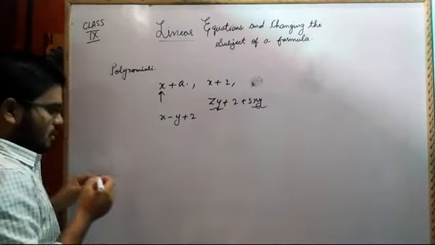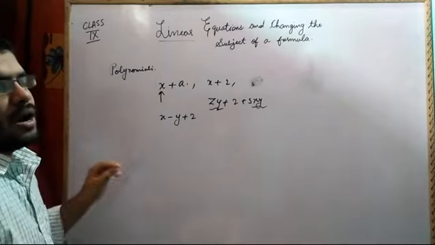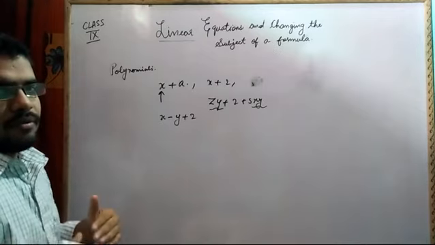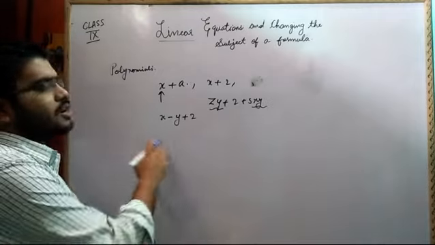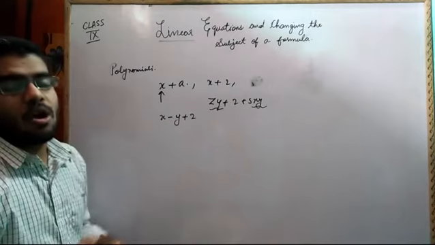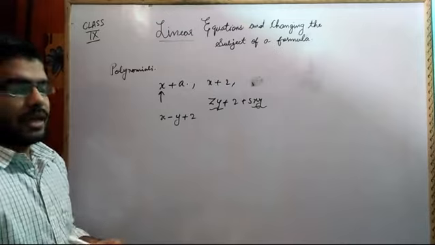Multiplication is also there. So one more thing we can say about this definition: a polynomial is an expression in which we have a variable and a constant, separated and operated by mathematical operations such as plus, minus, division and multiplication.